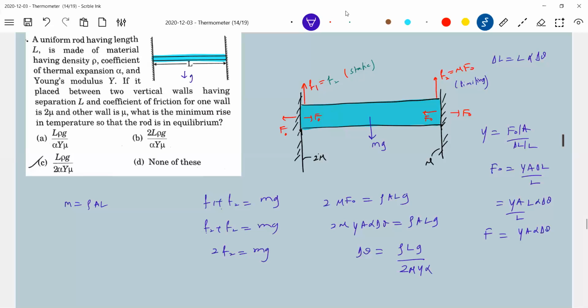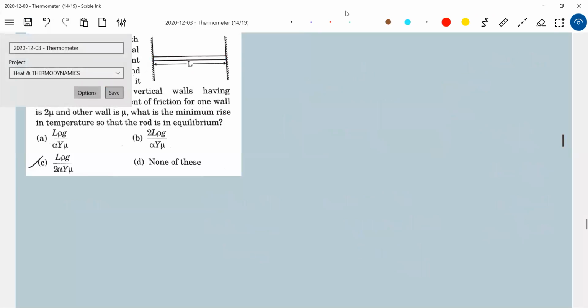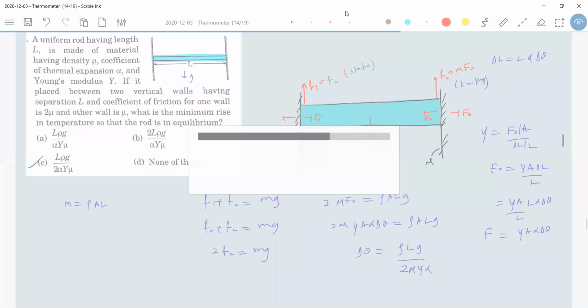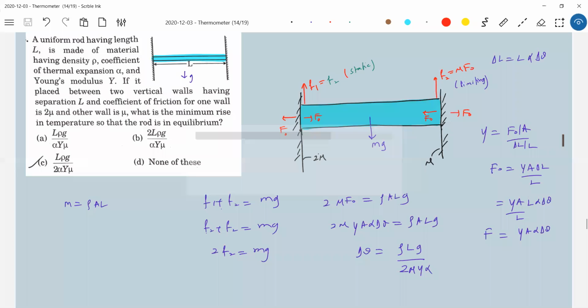So what is the concept? Here, if one is limiting, the other friction should be static because 2 mu is there. So even thermal expansion and friction ideas can be brought together. Whatever we want, we can introduce, no? There's no limit. Delta T is the change in temperature.